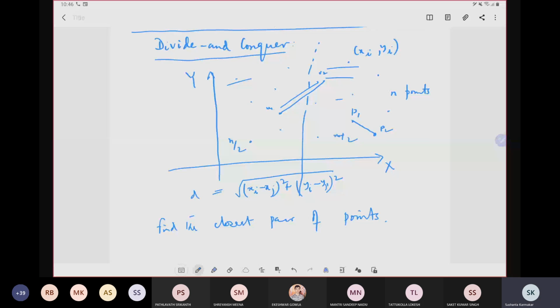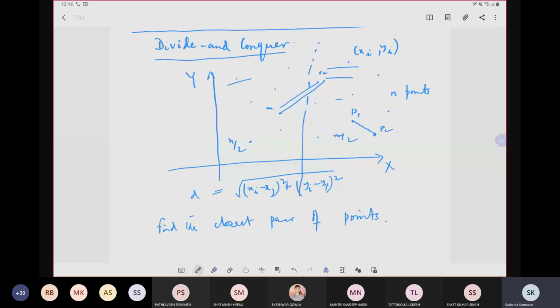Let's say the closest pair of points here is pi pj, and the closest pair here is qi qj. Now with the pi pj and qi qj in hand, if I can join, I can find the overall closest pair. I have the closest pair in this region, I have the closest pair in this region.